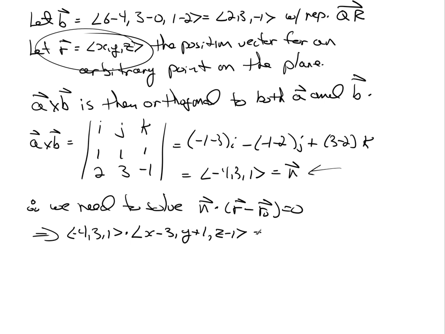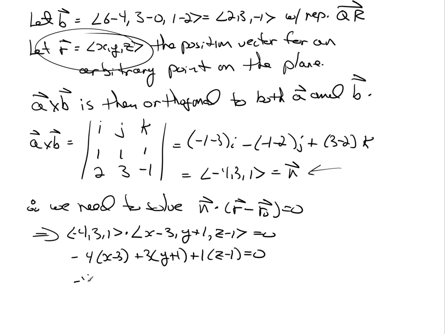And this has to be equal to 0. That's going to give me negative 4 times (x minus 3) plus 3 times (y plus 1) plus 1 times (z minus 1) is equal to 0.